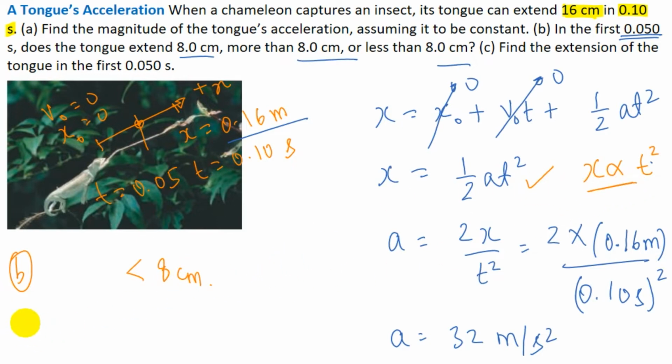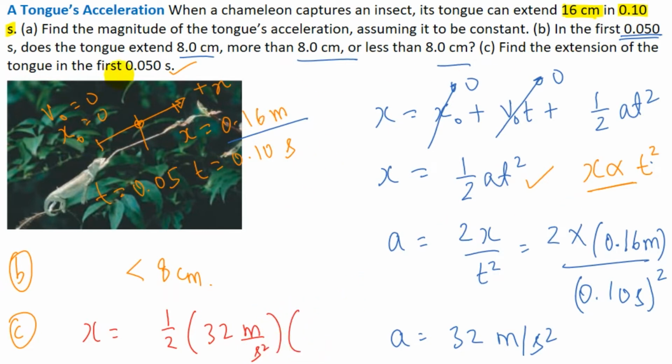Now next, in the C part, we have to find the extension of the tongue in the first 0.050 seconds. Tell the exact value, what would be the position when the time is 0.050 seconds. Simply we can put the values here. So x is equal to 1 over 2, acceleration we have already calculated, this is 32 meter per second squared times t square.